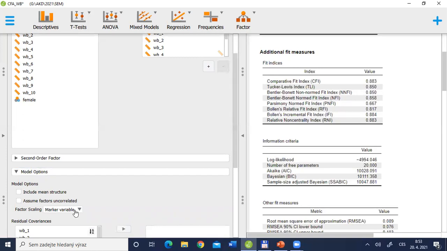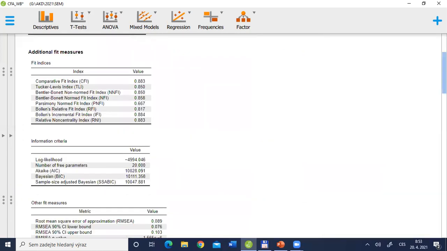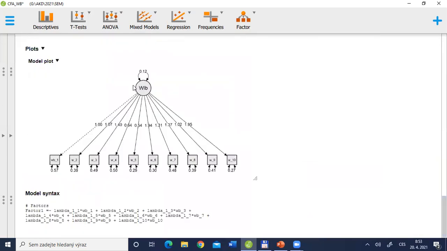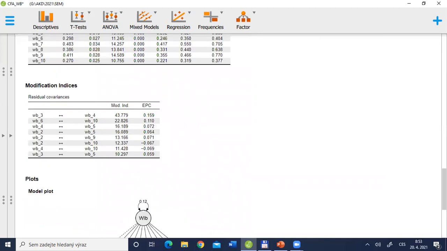There is another option, which is the default for JASP, called factor variances. If I asked for these factor variances, JASP would fix the variance of well-being at 1. So it would be a different style of setting the scale of well-being. But this style of fixing lambda at the value of 1 is the most common, so that's why we applied it.